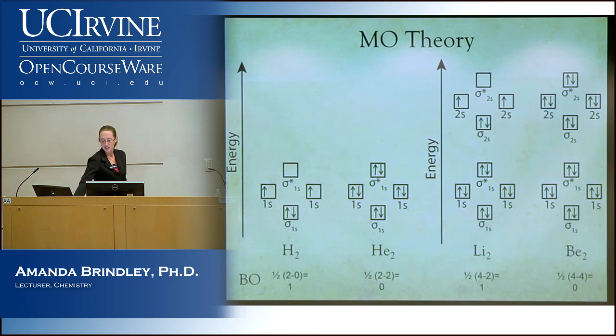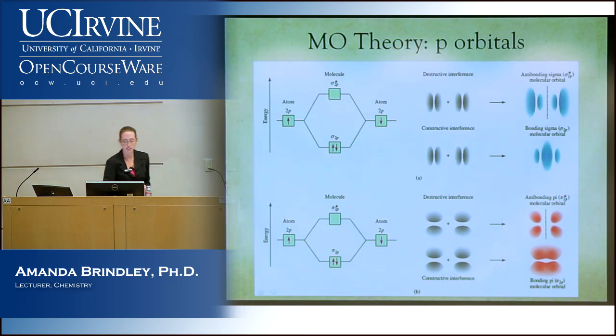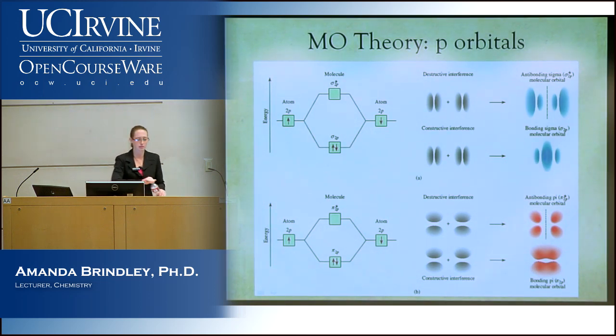All right. So now let's go to the next complication level. What do you think we're going to start doing now? P orbitals. So now we have to combine in P orbitals. Now there's a couple of different ways we can do this because we have multiple P orbitals, right? So this is a diagram from your book.